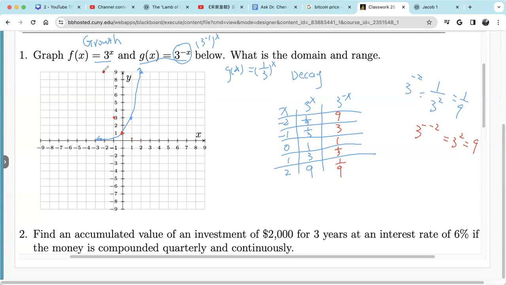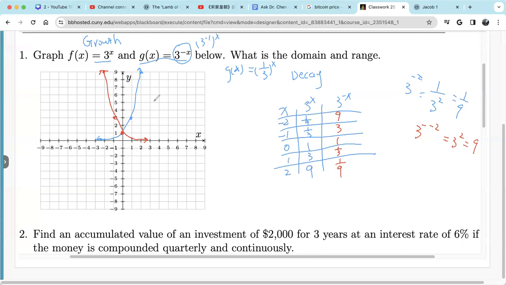Right, so now let's graph roundish, not a straight line. Okay, so to the right, the function value gets closer to the x-axis, which means 0. To the left, it shoots up to infinity very fast.